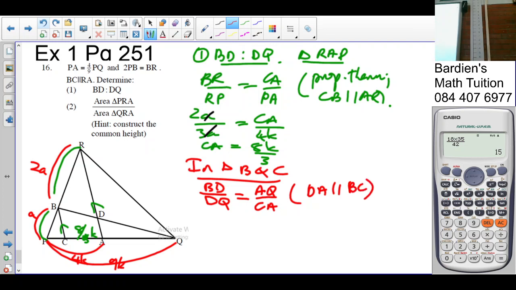So BD over DQ equals, we say that AQ is going to be 5K over CA, which is 8 over 3K. So that works out to be 15 over 8 as a ratio.